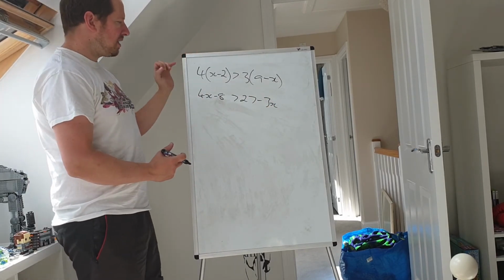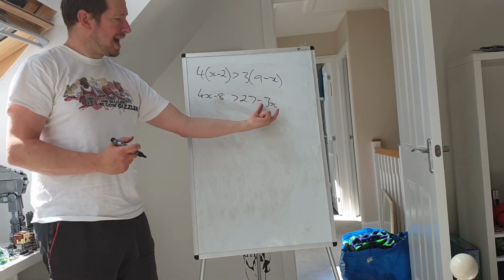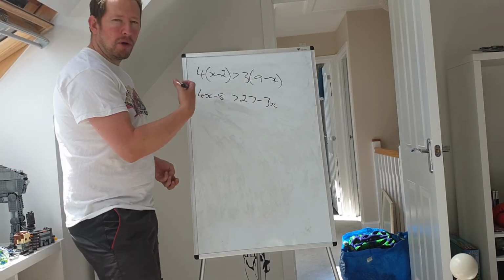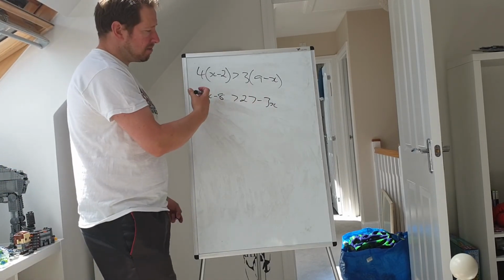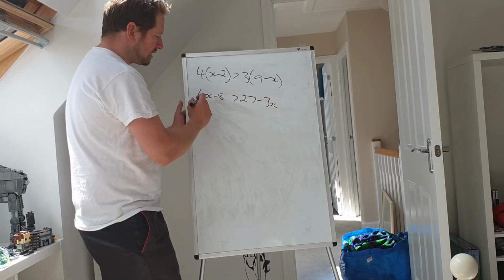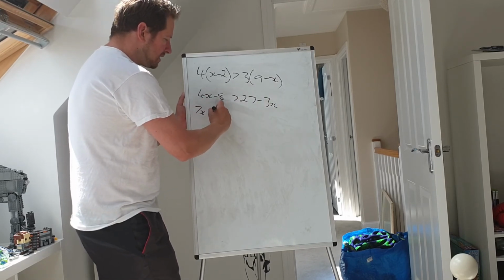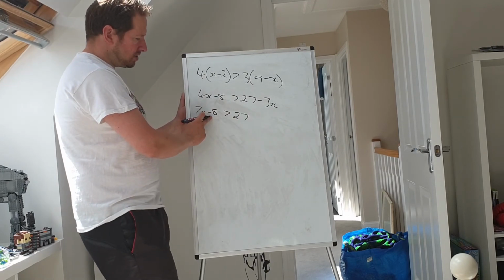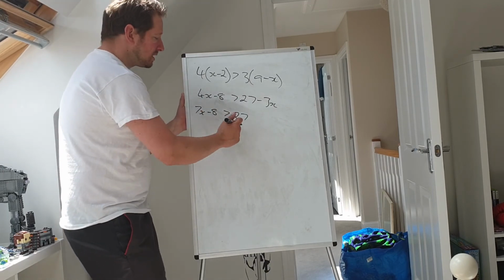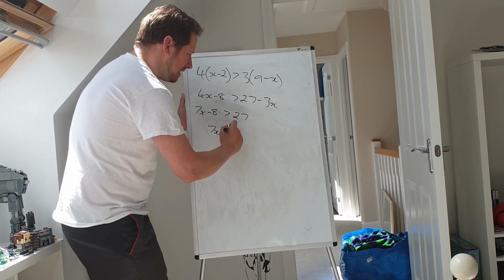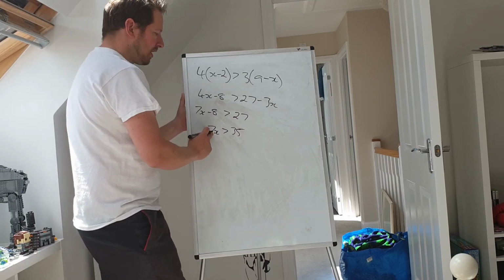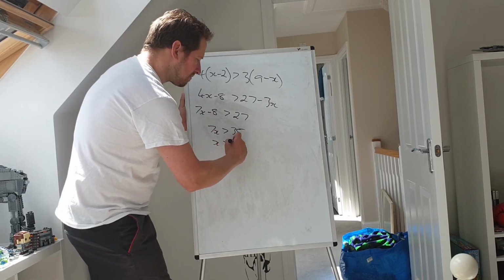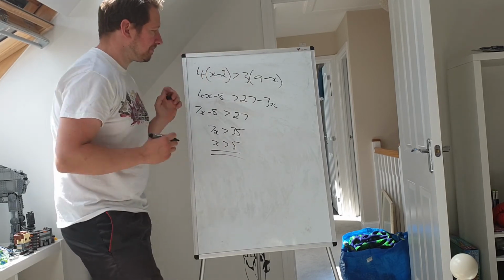I'm going to cut the x on this side because there's more of them. So I'm going to add 3x onto this side. Remember, I'm not multiplying minus 3x, I'm just going to add 3x onto this side. That's going to be 7x minus 8 is greater than 27. I'm going to get rid of that minus 8 by adding it onto this side. So I've got 7x is greater than 35. And I'm going to divide by 7, x is greater than 5.